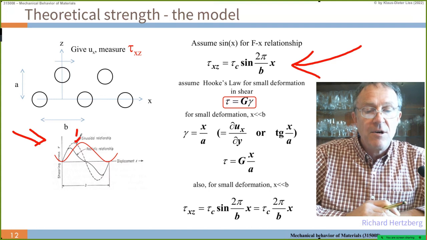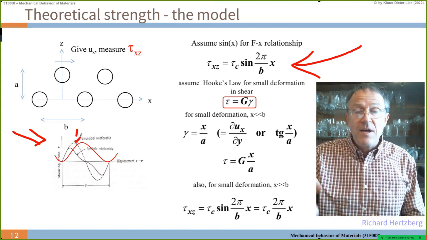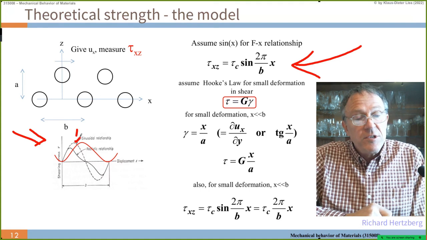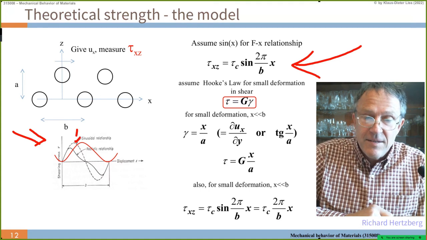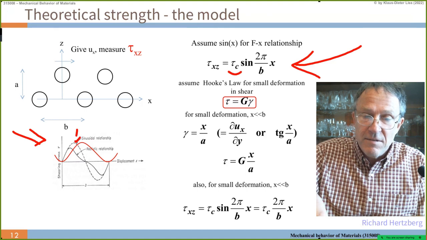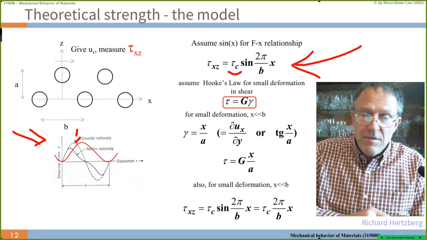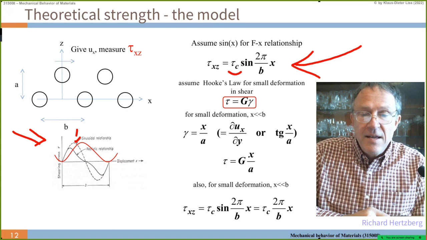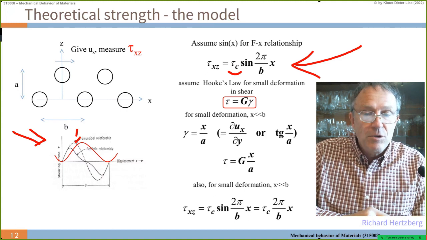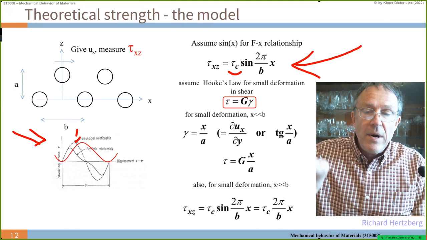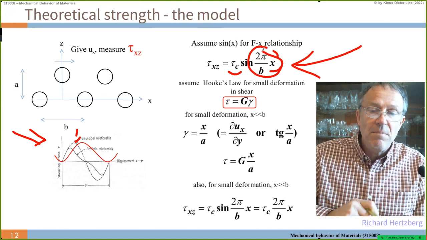This is our assumption. We describe the potential as a sine function, and the shear stress is a sine function with a critical tau_c, which is kind of the maximum shear here, times sine of 2 pi over b times x. The 2 pi is there because when x equals b, it has to be periodic. It has to be periodic in b.